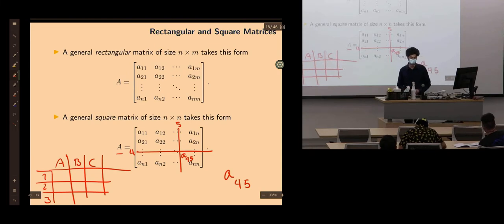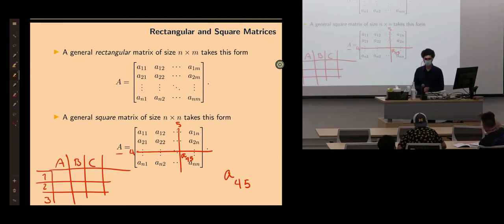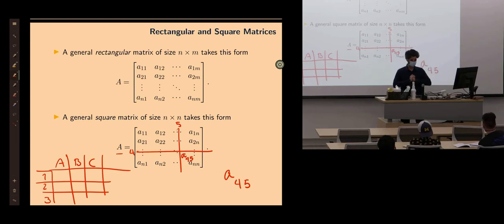Yeah. So usually if you want to get to B2, it would be B, which is the column first, and then 2, which is the row. So I'm confused when you say that it's row, column.